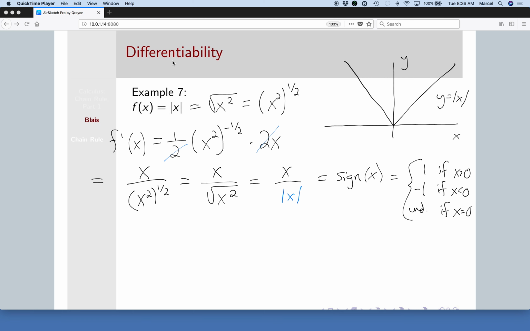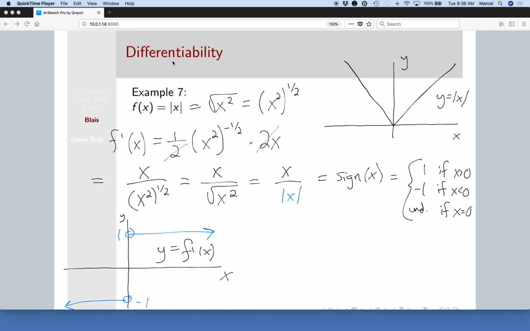And we had looked at the graph of this early on in the course. So this is our f prime of x in this example.